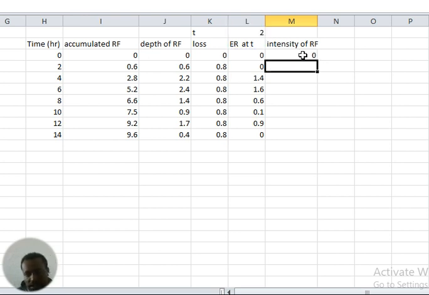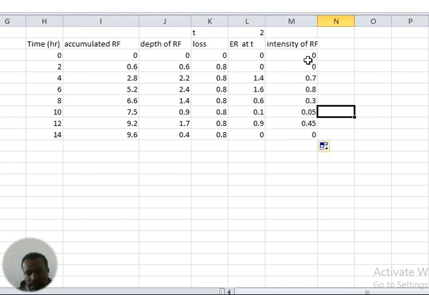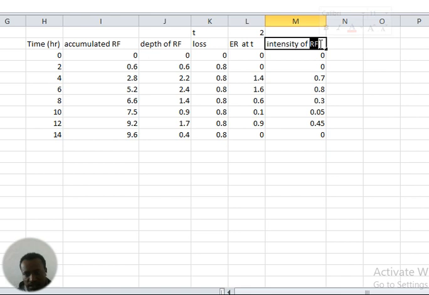Enter. Then fix it with dollar signs and drag. It is the intensity of rainfall in centimeter per hour.